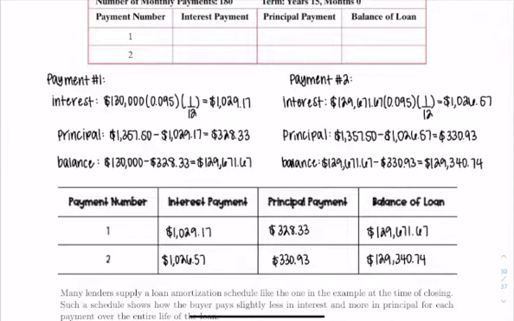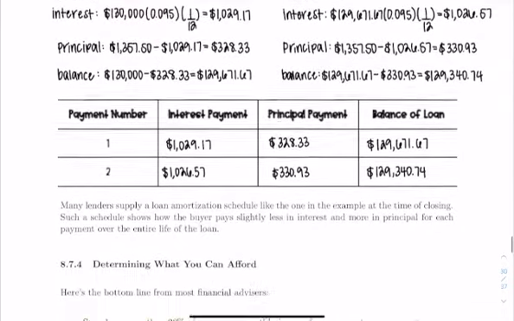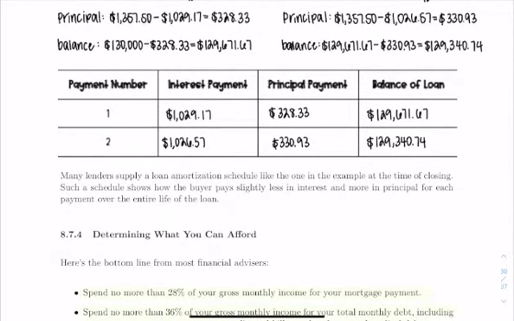As you can see, the majority of your payment goes towards interest first. As you've had the loan longer, more of it goes to the principal and less of it goes to the interest. Many lenders supply one of these schedules at the time of closing, and it just shows how you'll pay slightly less in interest and more in principal for each payment over the entire life of the loan.